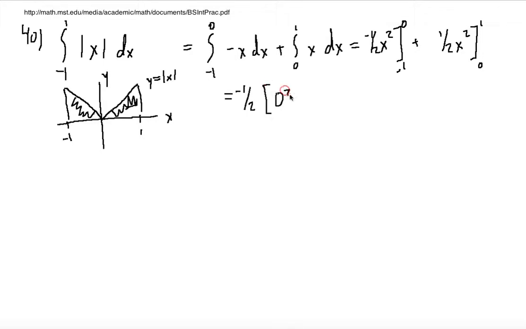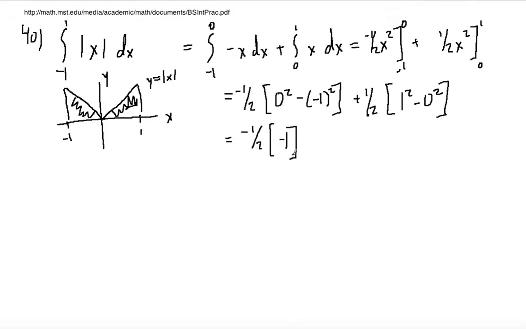Alright, so this one would be 0 squared minus -1 squared, plus a positive 1/2 with a 1 squared minus a 0 squared, which gives us -1/2. -1 squared is 1, but then we're going to take the negative of it here, so times -1, plus a positive 1/2 times 1. We end up with 1/2 plus 1/2, which gives us 1.